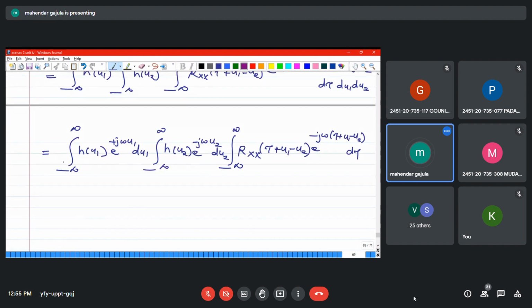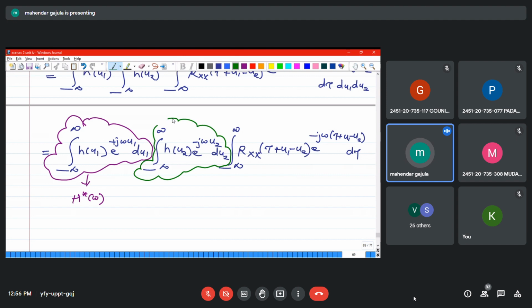So this integration is H star(ω), and the second integration is a Fourier transform only.